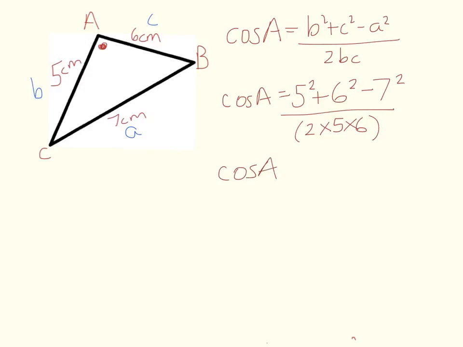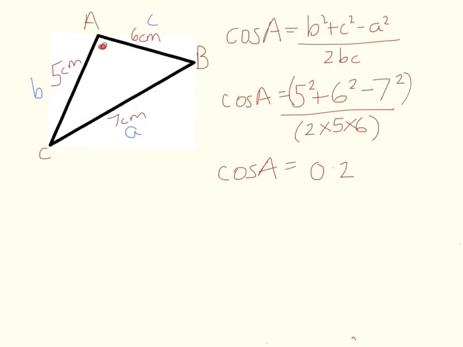So that should give us cos A is equal to 0.2. Just be careful that when you're inputting this in your calculator, put brackets around both the top and the bottom line.